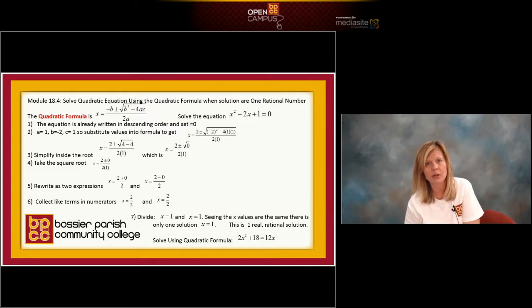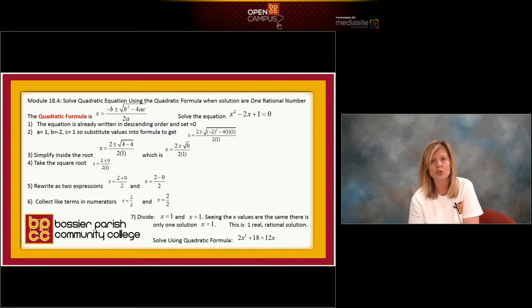Well, ladies and gentlemen, even though square root of 0 is not on our perfect square list, there's only one choice here. What number times itself would make 0? Very good. It would be 0. So what is the square root of 0? It's 0. So now we have x equals 2 plus or minus 0 over 2 times 1.